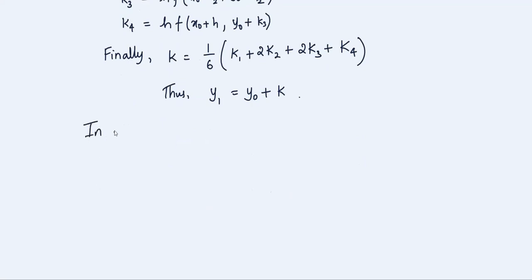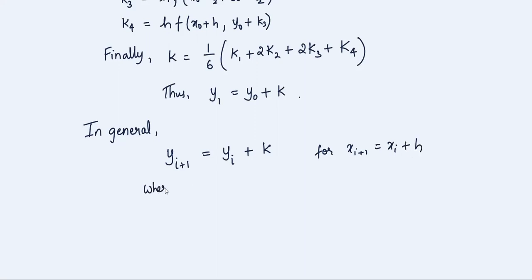So in general, this is the Runge-Kutta method. In general, yn plus 1 is equal to yn plus k, or I will use the regular iterative step: yi plus 1 is equal to yi plus k, for xi plus 1 is equal to xi plus h.